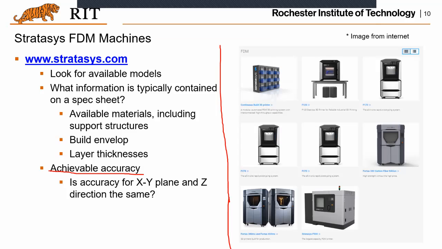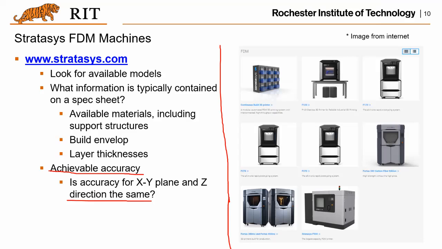Okay. Basically, if you take a look at the printer, you will realize the accuracy of the prints in the XY plane is much higher than the accuracy in the Z direction. So that gives you a constraint when you think of how you want to print your part, because the higher accuracy is in the XY plane and the lower one is in the Z direction.